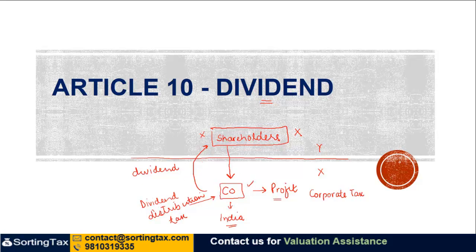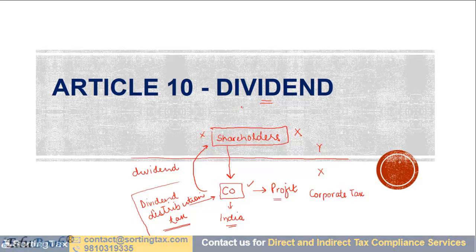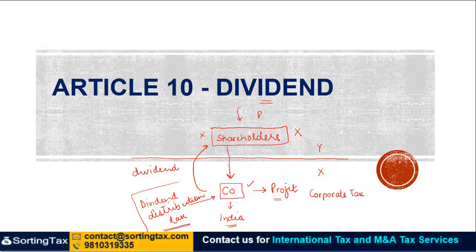And the reason for that is that in many cases, since the shareholders might be owning a smaller number of shares, it's very difficult for them, or for that matter, the tax authorities, to recover that tax. But then the question which comes up is, how would this dividend distribution tax be looked at in the country where this shareholder is a resident?